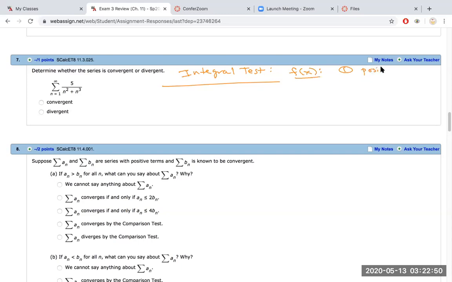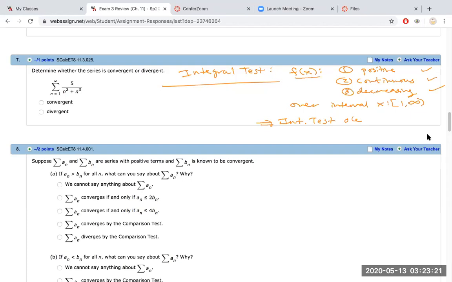One, that it's positive, continuous, and decreasing over an interval that's at least from 1 to infinity for x. And then if those all apply, you can use the integral test. Okay.